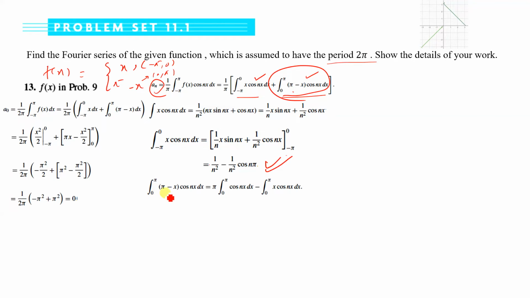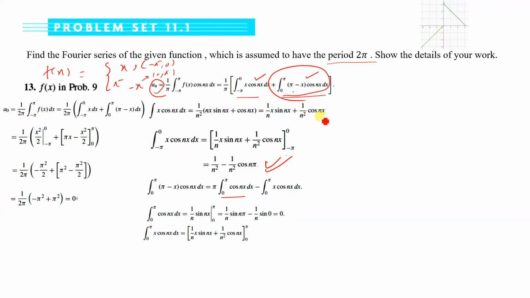So the integral from 0 to pi of pi minus x times cos nx. We can write it as the sum of two integrals. This is the integral of pi times cos nx dx, which is the first integral, and it is equal to 0. The second integral is x cos nx dx, and we have already discussed that.